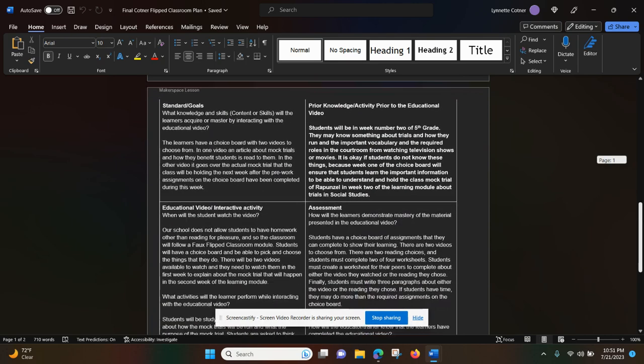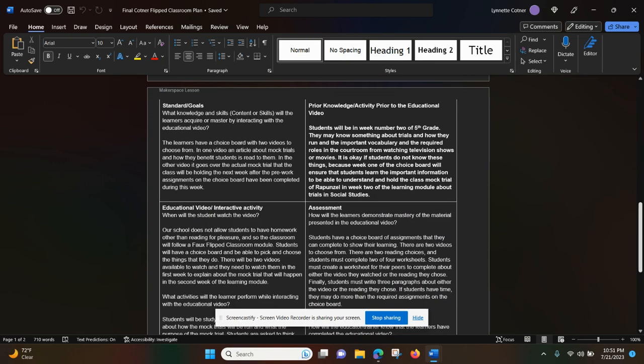So the goals and standards are that the learners have a choice board with two videos to choose from. In one video, there's an article about the mock trials that I mentioned, and then the other video actually explains the mock trial that we will be doing. So this will only be the second week of fifth grade.